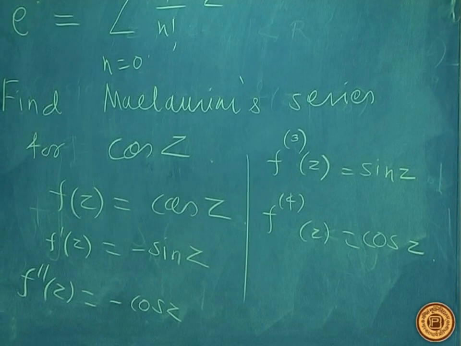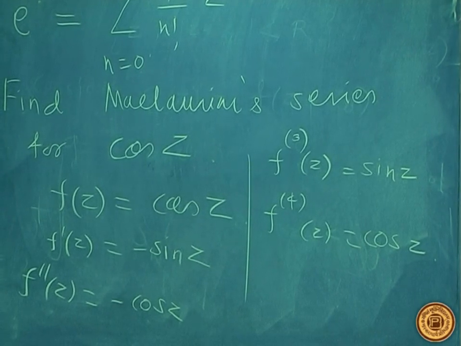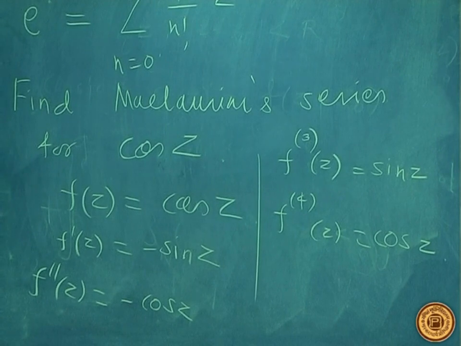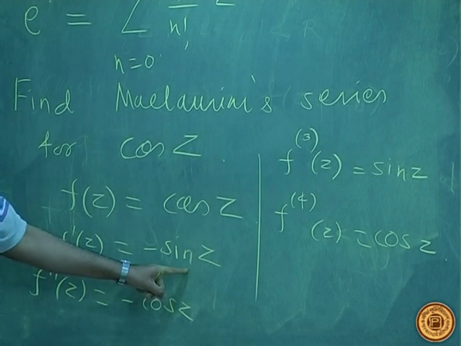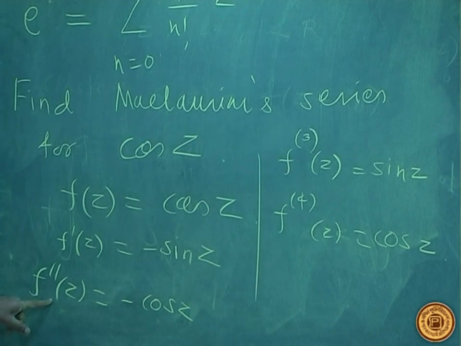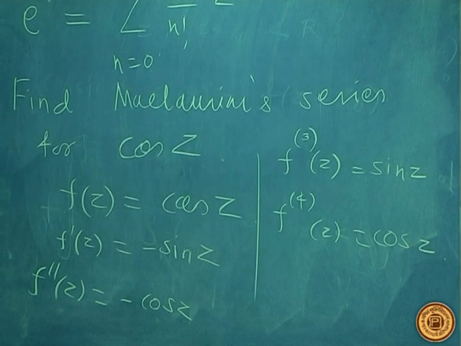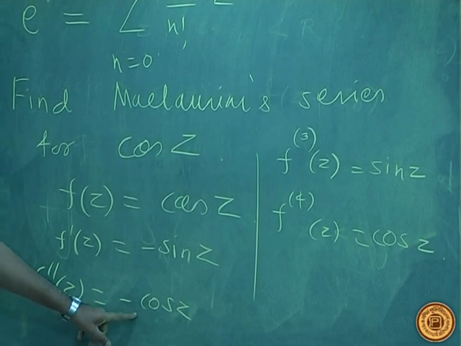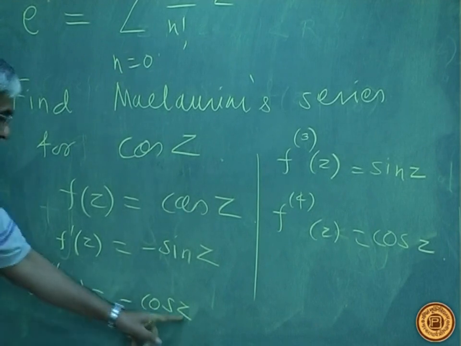Now, because we want the Maclaurin series, we want the nth derivative at 0. First derivative at 0 is 0, second derivative is minus 1, third is 0, and fourth is plus 1.